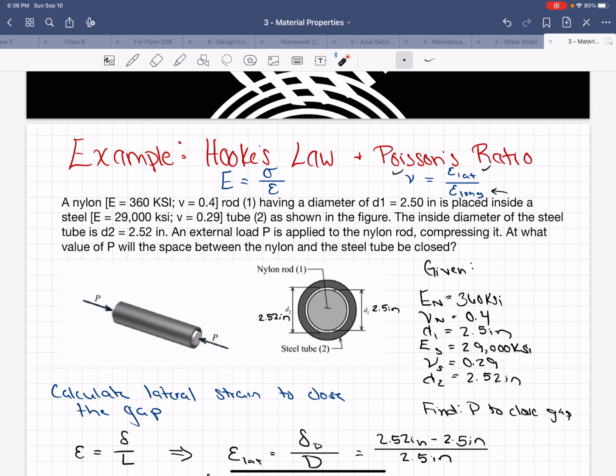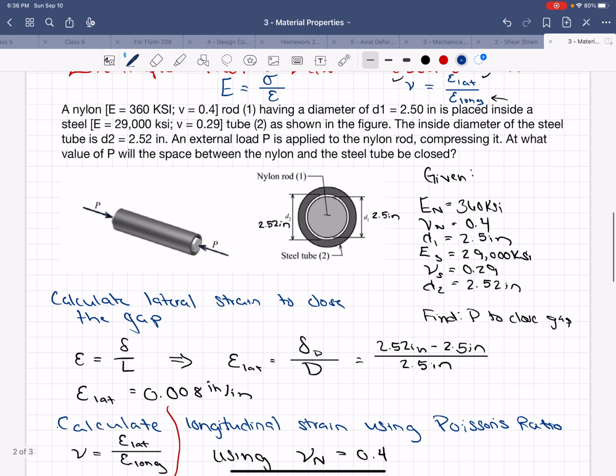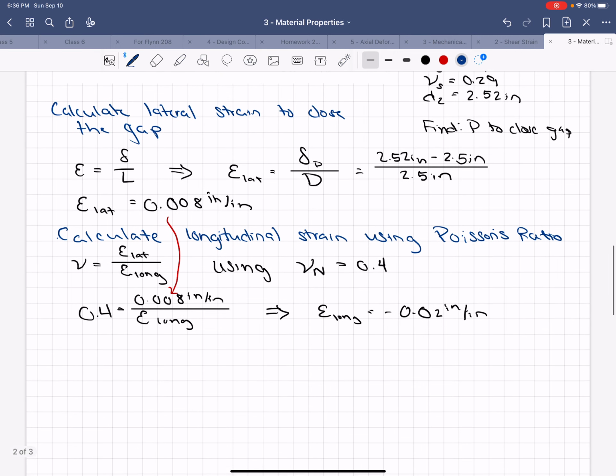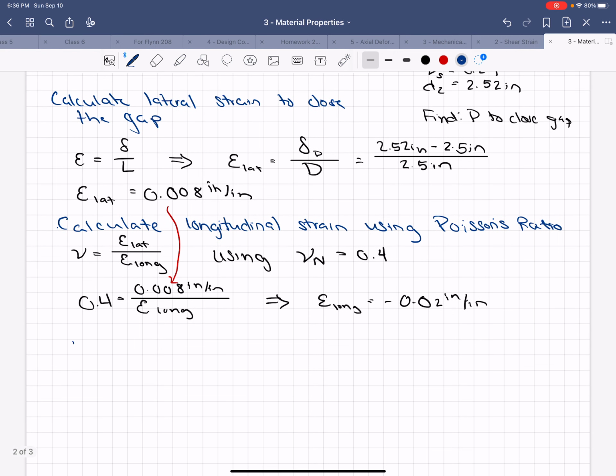And then the stress we can use to calculate P. Okay, so now we're going to calculate the stress in the nylon using Hooke's law.